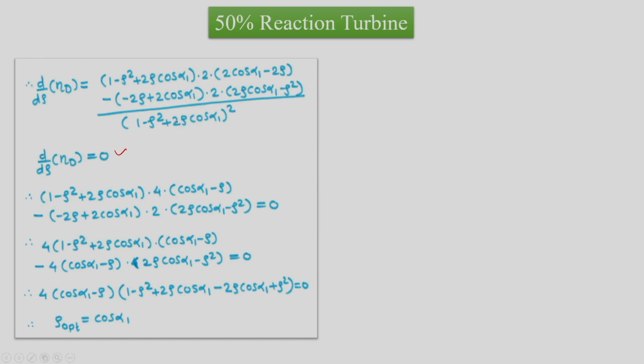So we will multiply both the sides by this, so this will get cancelled, and then we will have a term which is 1 minus rho square plus 2 rho cos alpha 1 into 2, and then we will have 2 as a common factor, so it will be 4 into cos alpha minus rho, minus 2 rho plus 2 cos alpha 1 into 2 into 2 cos alpha 1 minus rho square.